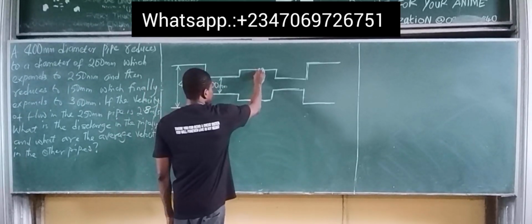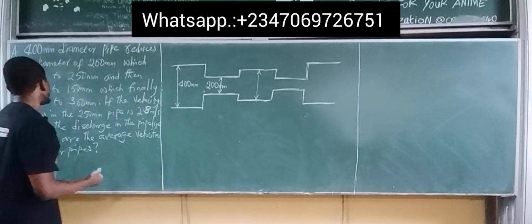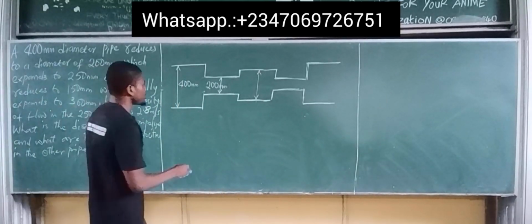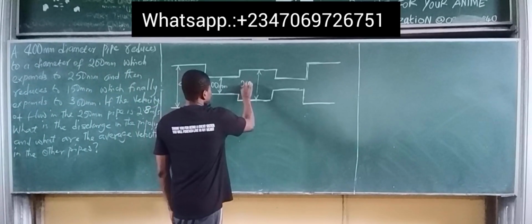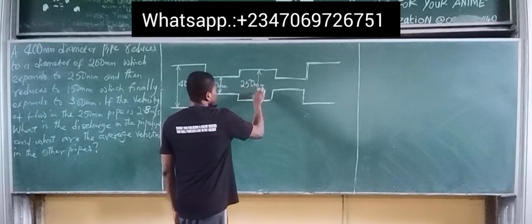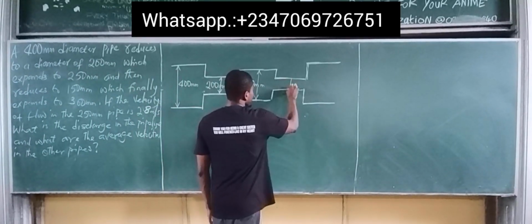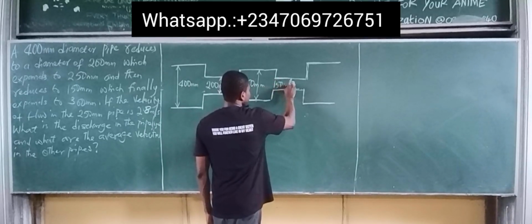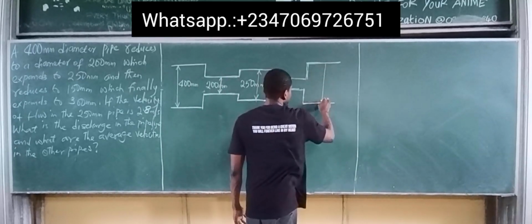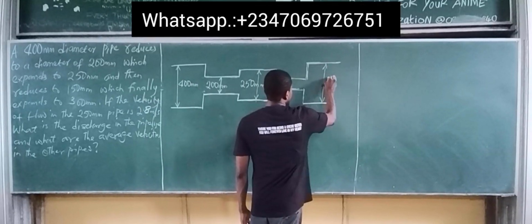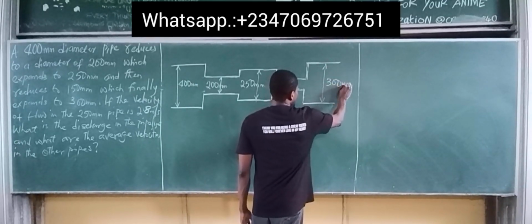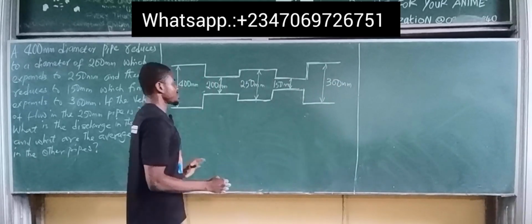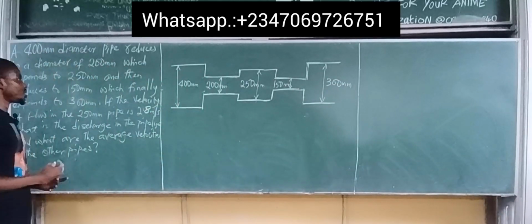This was given as 250 millimeter. And this was given as 150 millimeter, and finally 300 millimeter. So that represents the whole information given to us.